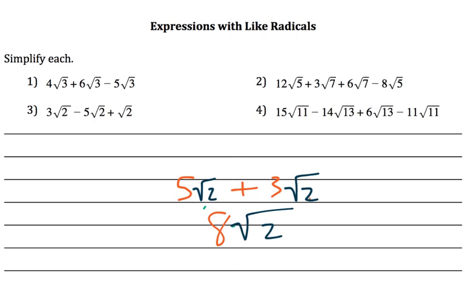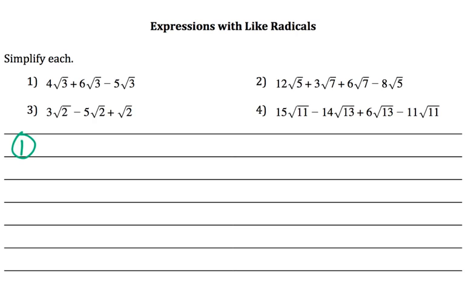And I'm talking about that quickly because I think it's a clear concept. So I'm going to rewrite problem 1: 4 times the square root of 3 plus 6 square root of 3 minus 5 square root of 3. Notice that I'm not bothering saying times every time. When I look at this, these are all square roots of 3.